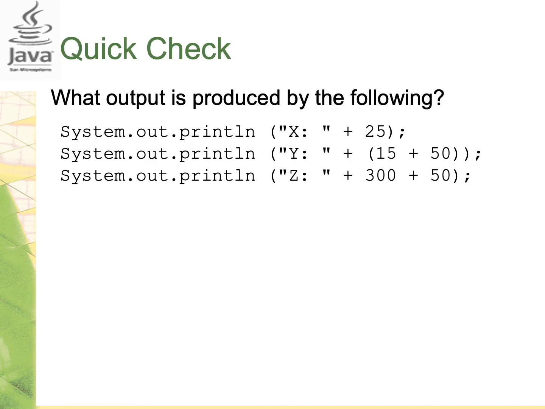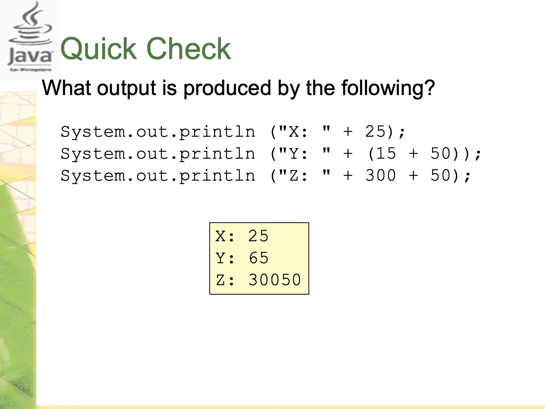Let's try this. So what output is produced by the following? So we have System.out.println("x" + 25). The next one, System.out.println("y" + (15 + 50)). And then the last one, System.out.println("z" + 300 + 50). So what do you think the output you will get?